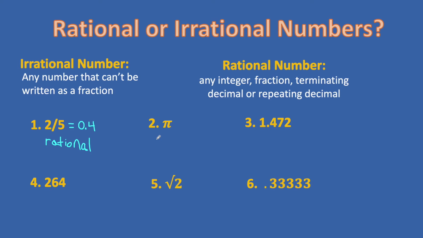Then let's look at our second example. We have pi. If you're not familiar with what pi equals, if you have a calculator, you can just type out pi and you should be able to get the result. And pi is always 3.14 in the beginning, and then we have a couple of other digits in the back.